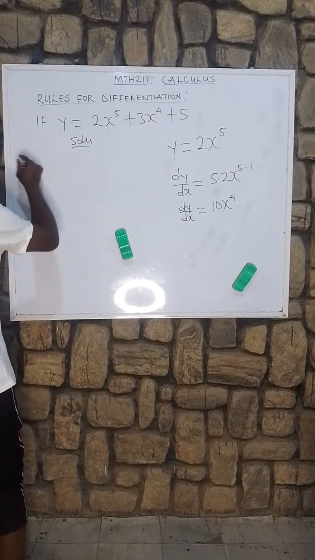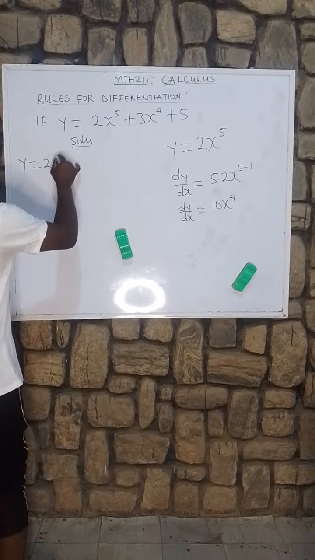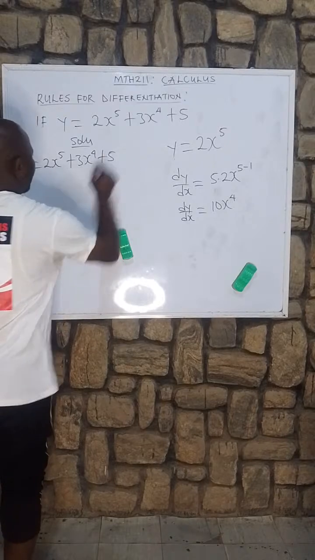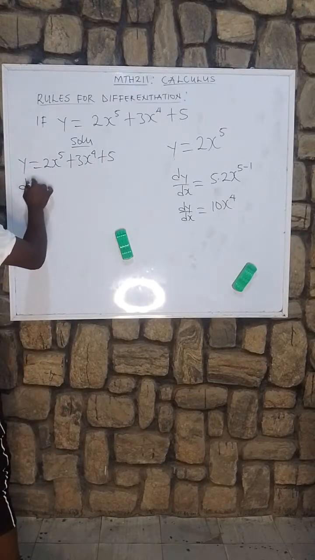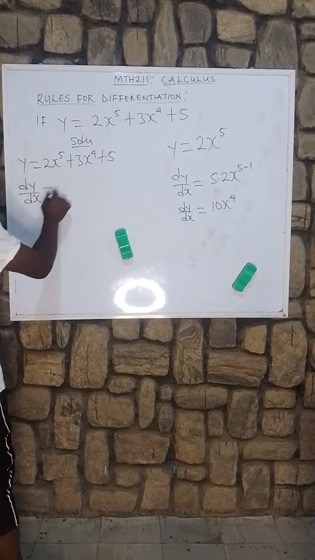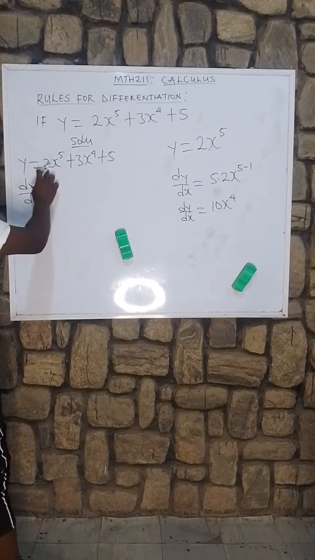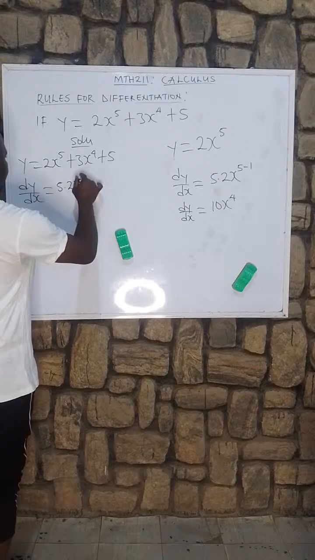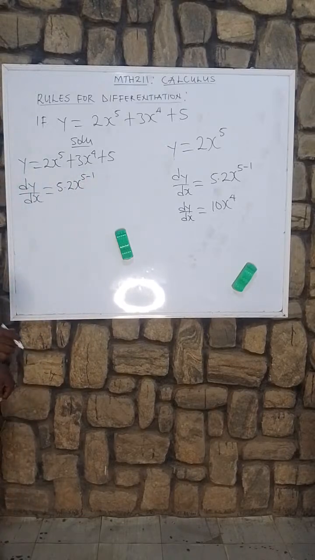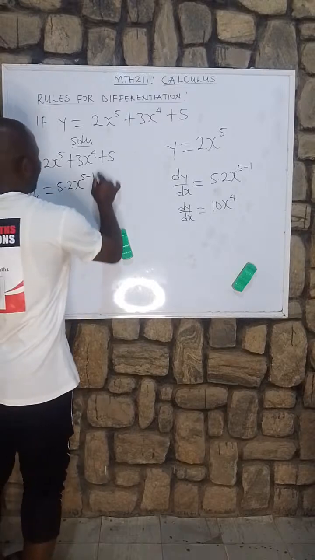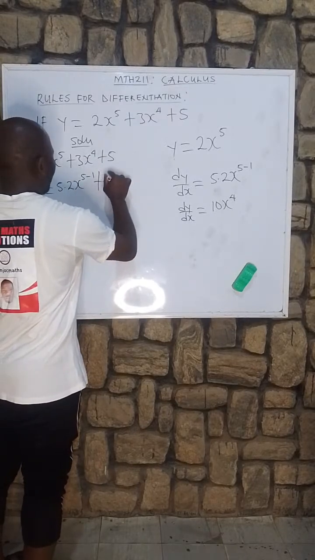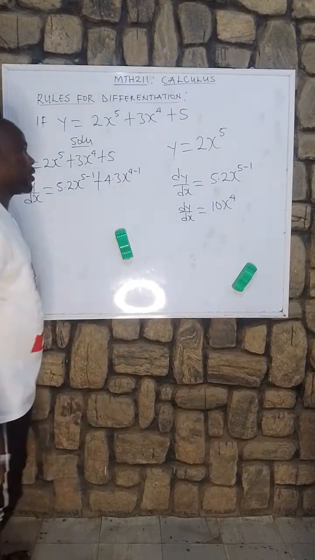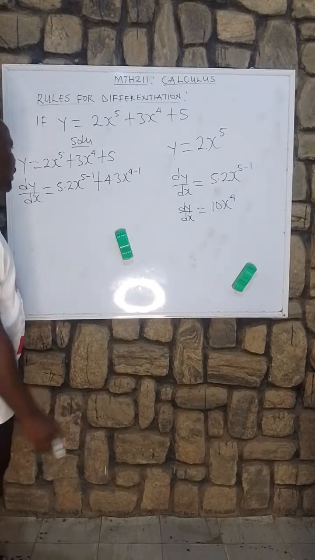So let's differentiate this. y equals 2x raised to the power of 5 plus 3x raised to the power of 4 plus 5, right? We are going to approach this the same way. This is your n, this is your a. Use it to multiply. You are going to have 5 times 2x raised to the power of 5 minus 1. True or false? It's true. Plus the same thing, 4 times 3x raised to the power of 4 minus 1. When you differentiate a constant, it gives you 0, right?